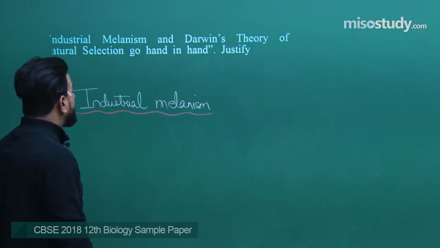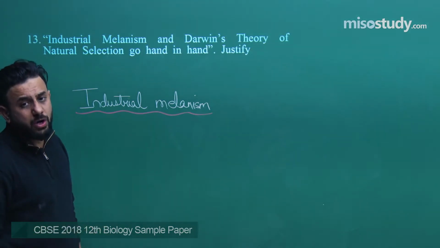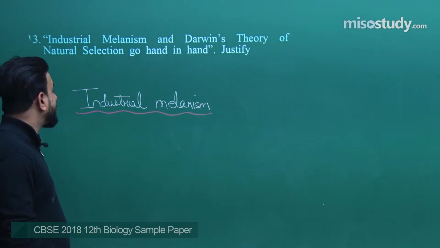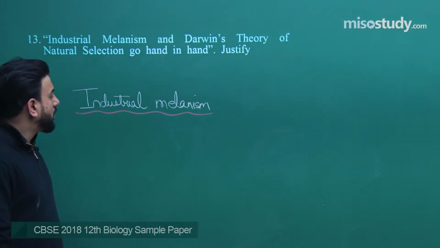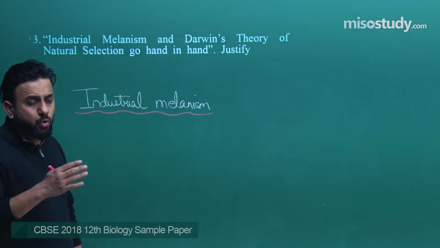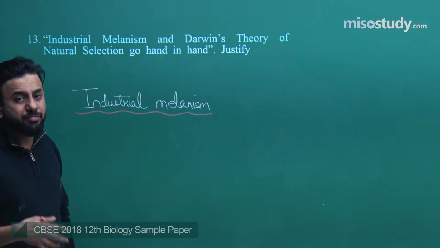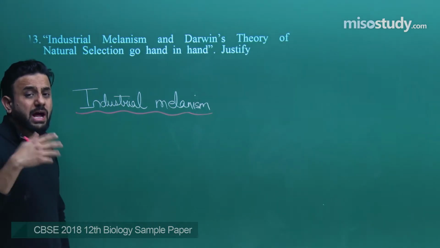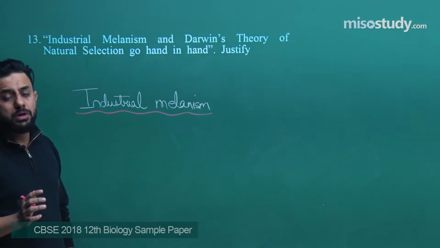See, the word industrial melanism is basically an evolutionary concept which has been applied to the arthropods. What is happening here basically is that with more advancement in industrialization, with more factories coming in, the environment has become more polluted.